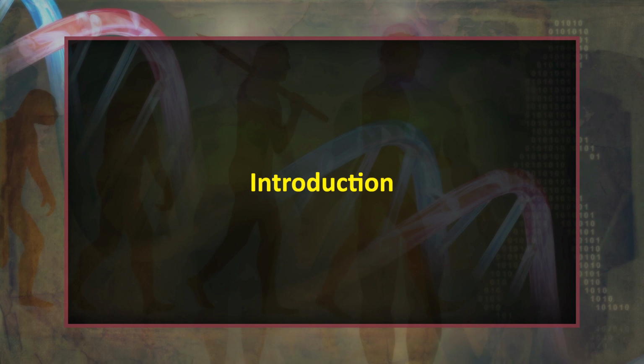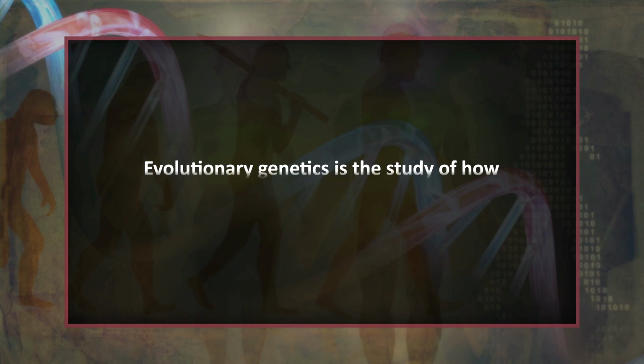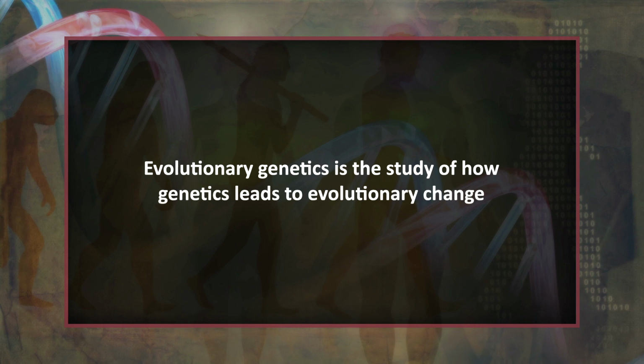Dear students, let's start with the introduction first. Evolutionary genetics is the study of how genetics leads to evolutionary change. It involves the study of the evolution of genome structure. It is the sum of population genetics and evolution.